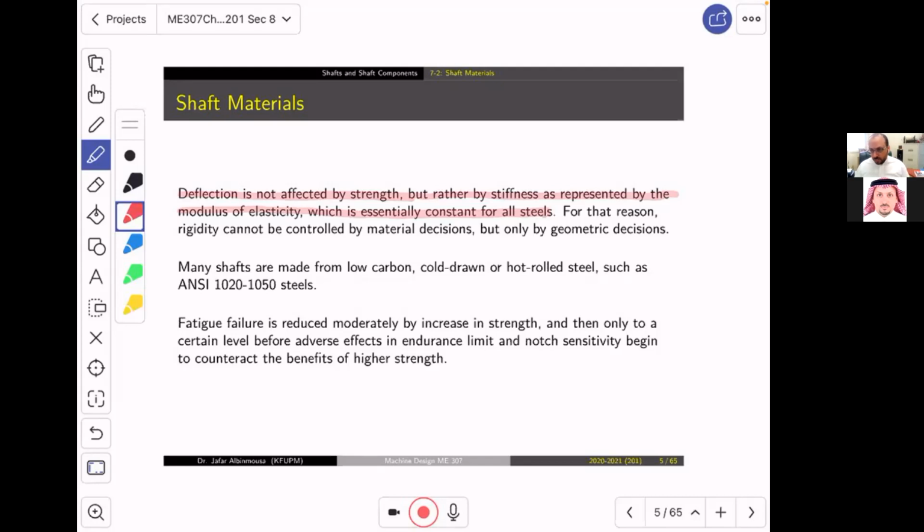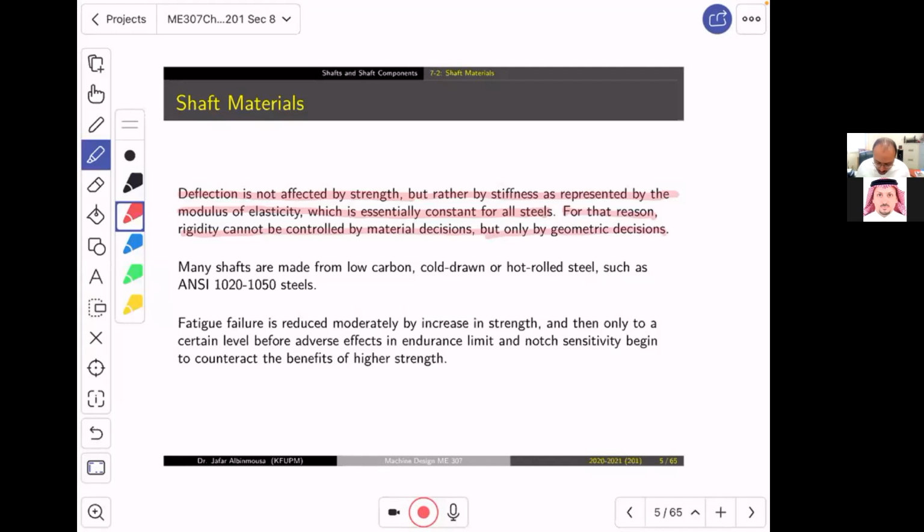You will get nothing. Why? Because if the modulus of elasticity is the same and you don't want to change it, the only thing now is the diameter. Putting more strength will not help you out with deflection. For this reason, it says, rigidity cannot be controlled by material decision, but only by geometry. Okay?